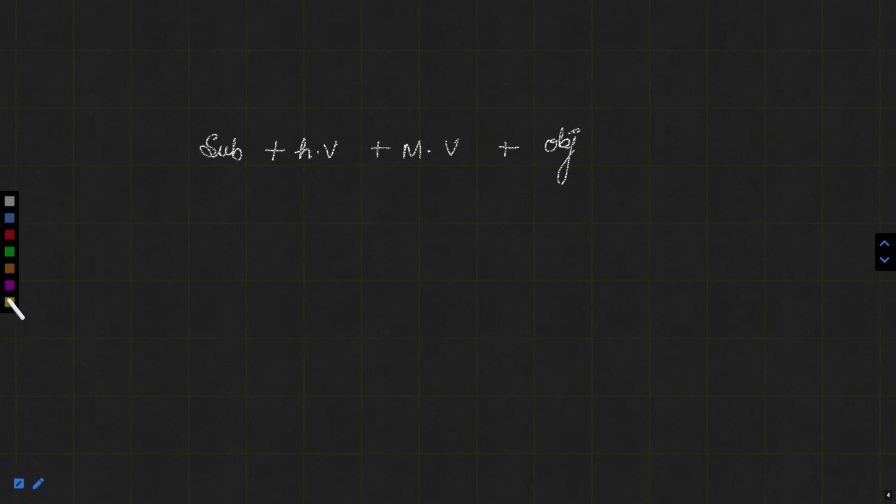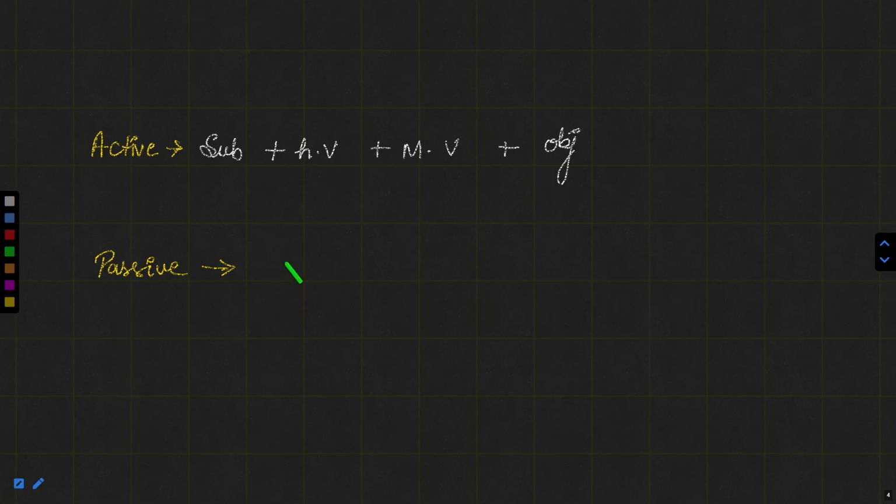Now, whenever we convert an active sentence into passive voice, what is actually important is the object part. It means if an active sentence contains an object, then only it can be converted into passive voice. And what happens in a passive voice? In case of passive voice, the focus is on the object.